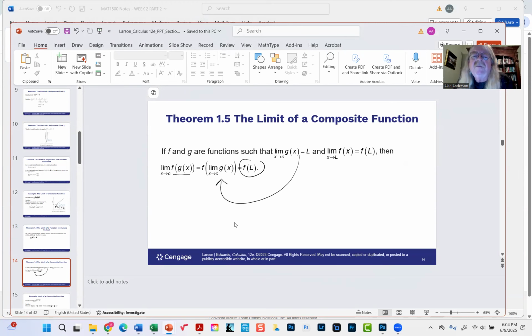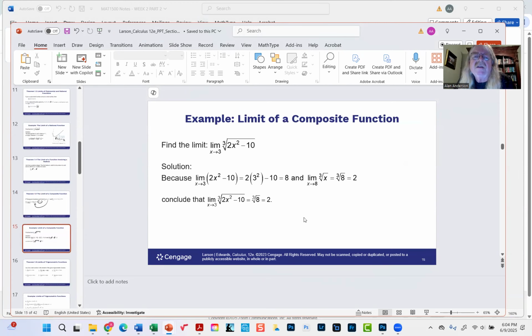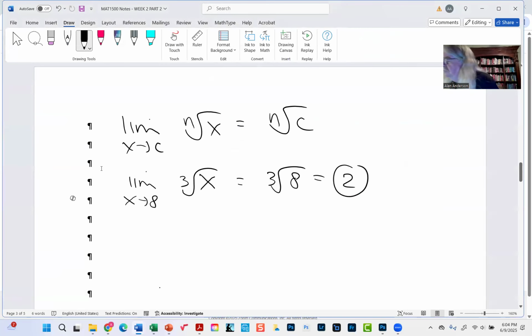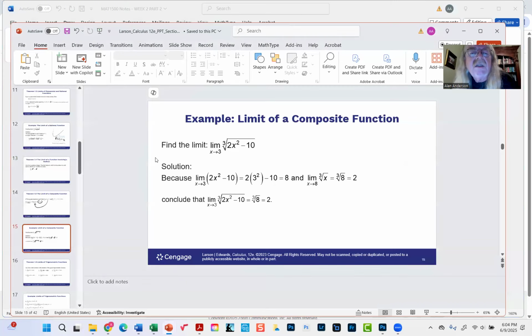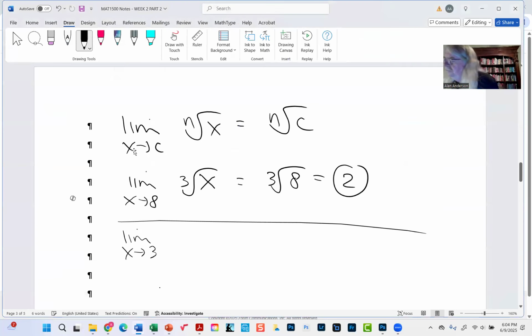Now, what if we're taking the limit of a composite function? Let me show you a quick example of this. Well, again, unless we run into a problem like division by 0, we can solve this normally with direct substitution. Okay, so here we have the case of the limit as x approaches 3 of the cube root of 2x squared minus 10.